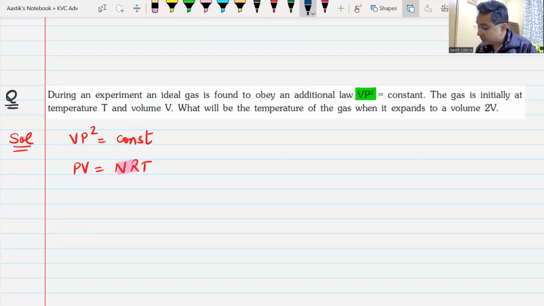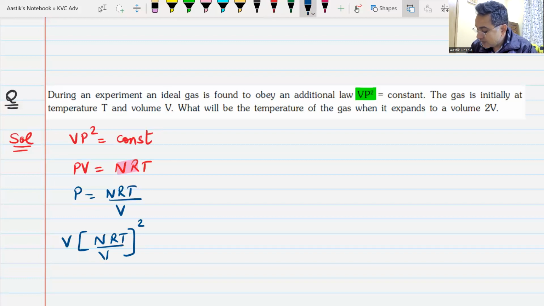So you can eliminate P. You can write P as nRT by V, and put P there. So V into nRT by V square is constant.